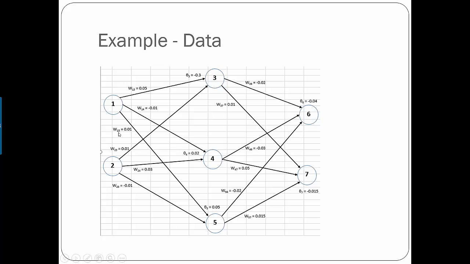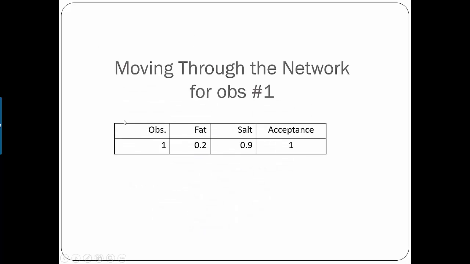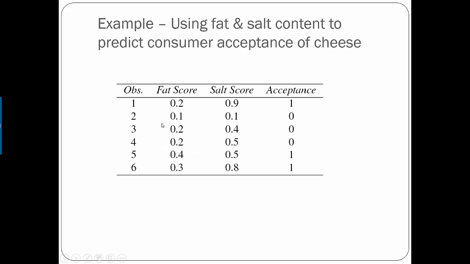Yes, let's look at a simple example. Okay, let's take the first observation. Remember, in the simple example we have 6 observations. Here is the data set, and it has 2 predictor variables, fat score and salt score, and then whether the cheese is acceptable or not is the target.